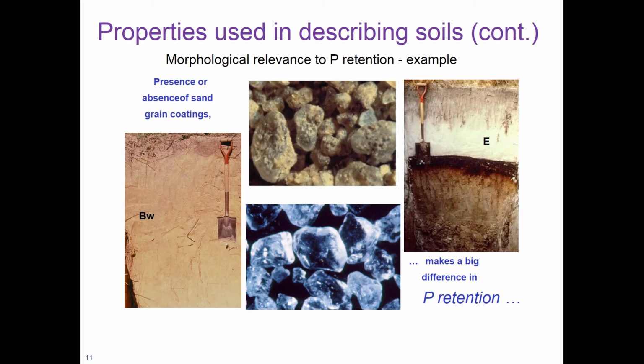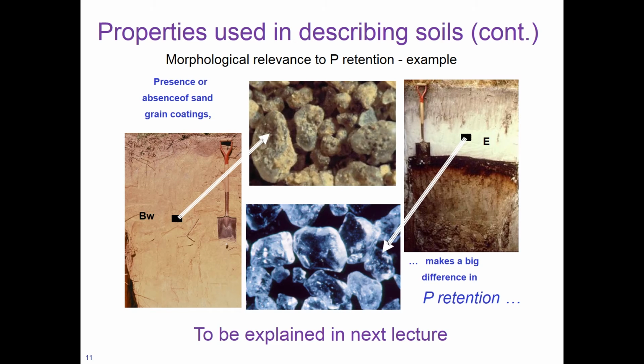Some sandy horizons have coated grains, such as this Bw horizon, and some have clean grains, such as this E horizon, depending upon soil genetic processes. And the presence or absence of these grain coatings make a big difference in phosphorus retention, and we will explain a little bit more about the details of that in the next lecture.